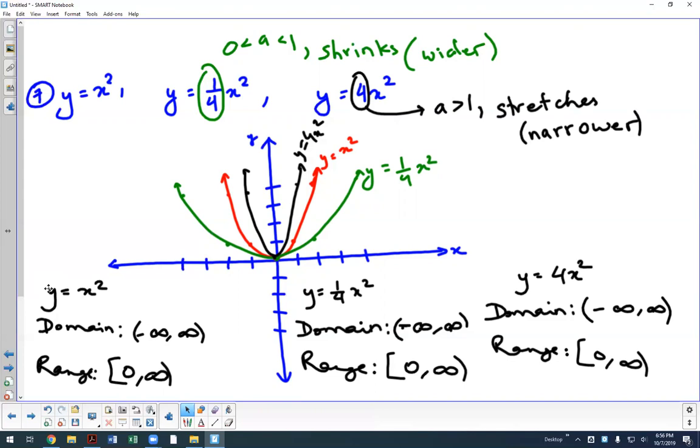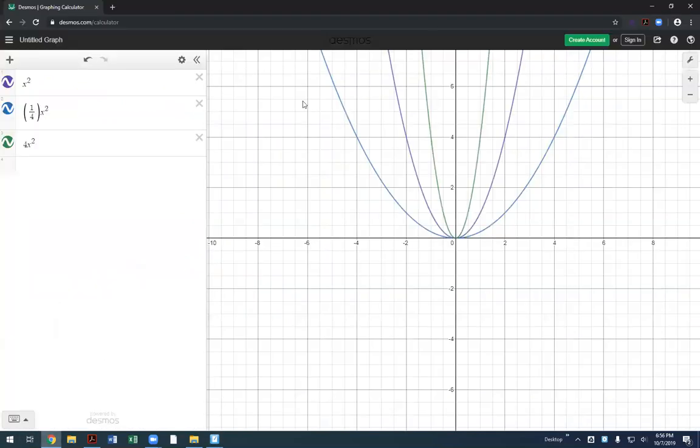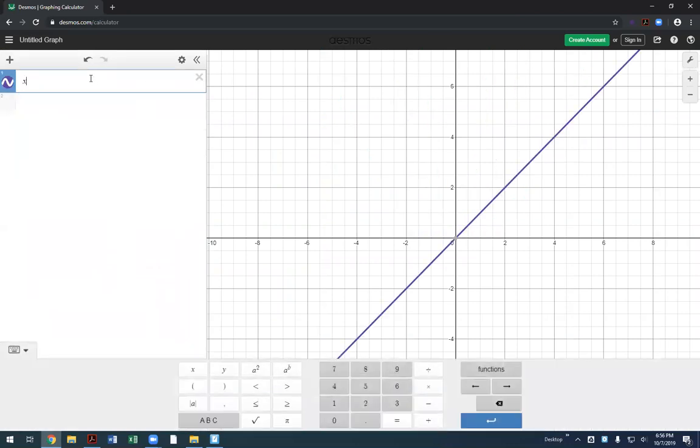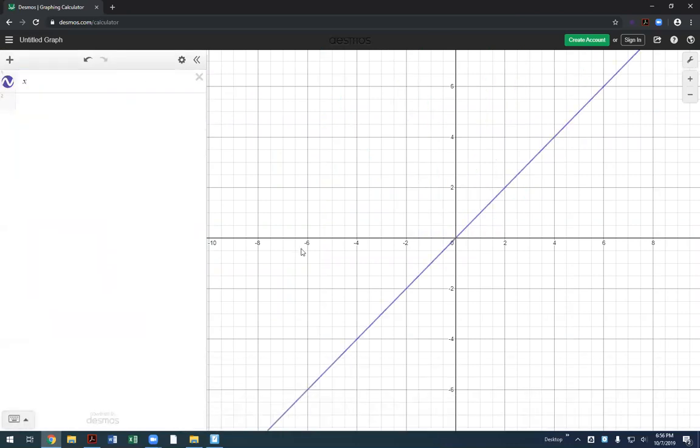Now what will happen if instead of using x squared as our base function, we went back to using y equals x as our base function, and then tried stretching and shrinking on that? That's our base function, just a straight line, slope of 1, passing through the origin, right? y equals x.